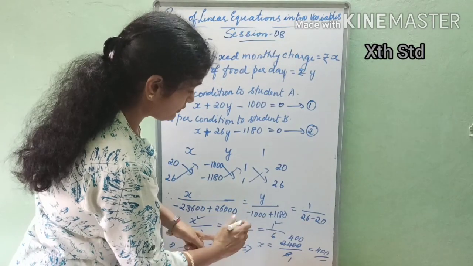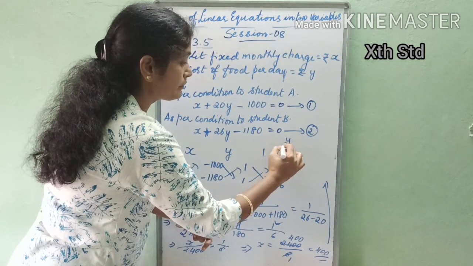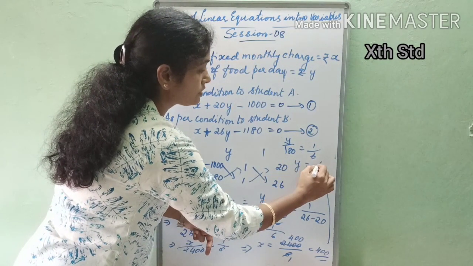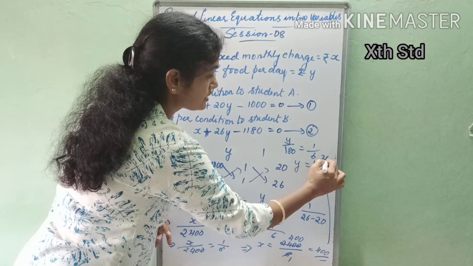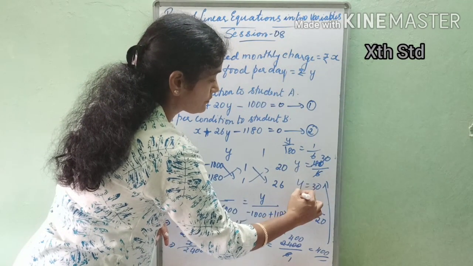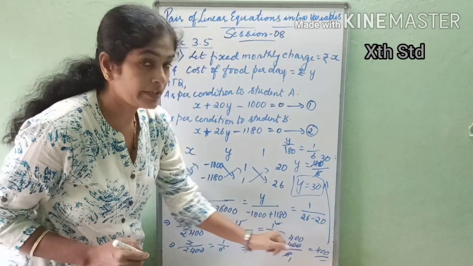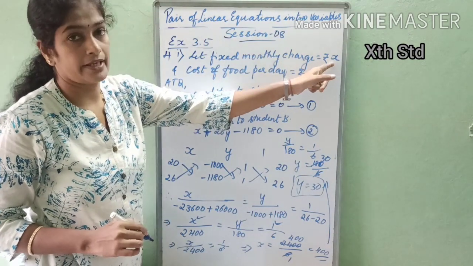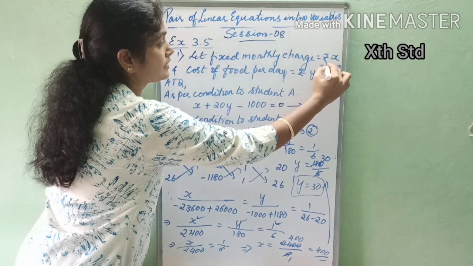Now we will equate these two. I will do it here since there is no space. y by 180 is equal to 1 by 6. So y is equal to 180 by 6, that is 30 rupees. So what are those x and y? Just focus. x is 400. Fixed monthly charge is x, so fixed monthly charge is 400 rupees.